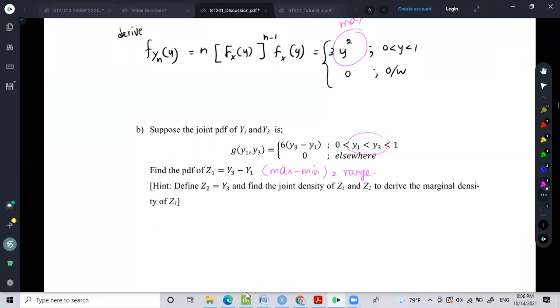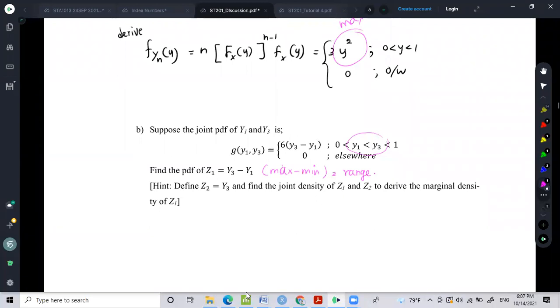A hint is given. The hint is to define a new random variable Z2 as Y3 and find the joint density of Z1 and Z2 to derive the marginal density of Z1. So we are going to use the transformation method with the Jacobian.